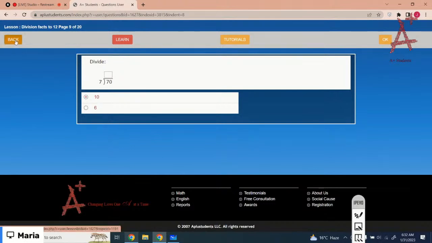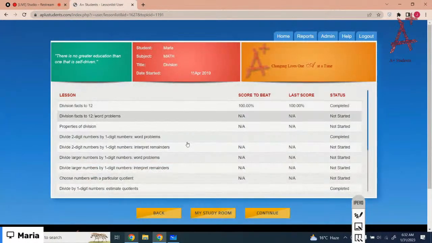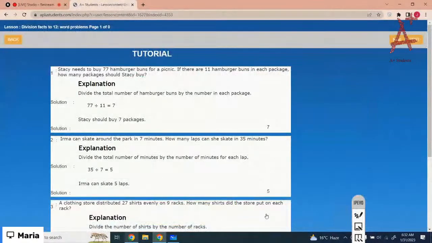Okay, you can complete the test by yourself later today. Let me just move on to the next lesson. The next lesson is division facts to 12 word problems. They are exactly the same, but now they are word problems. Got it? Let's start with the first one.